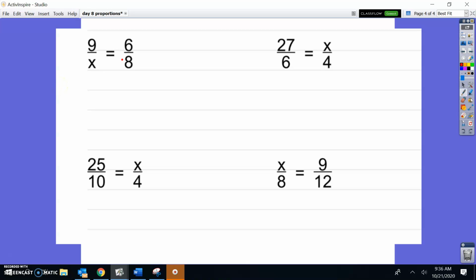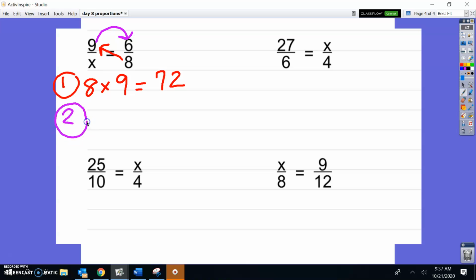So I'm going to take 8 times 9, which I don't need my calculator for that. I know that that equals 72. That's step number 1. Step number 2 is to take my value of 72 and divide it by my remaining numerator. So step number 2 to divide is to take 72 divided by 6.